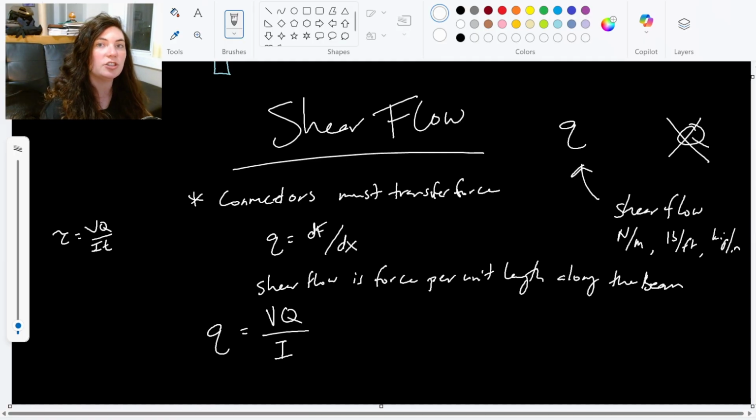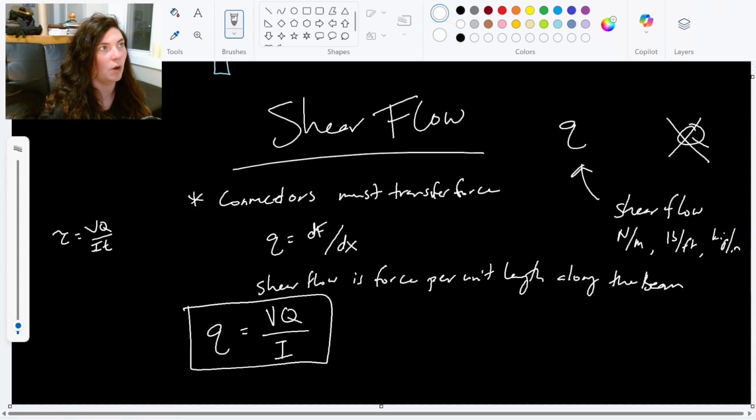Now this thickness term is not in there. That width term is not in there. This is a force per unit length that we're getting. So not a stress, that's a force per area. Instead, this is a force per length. This is our shear flow equation. All the same variables, just no t on the bottom. So this is our shear flow.